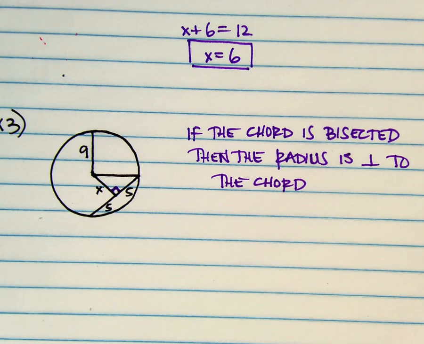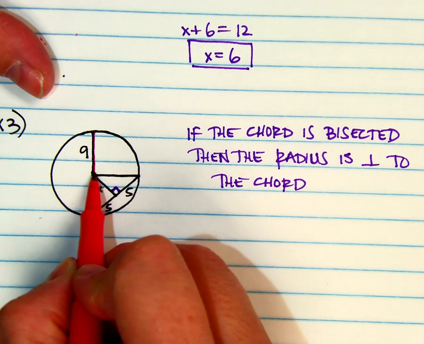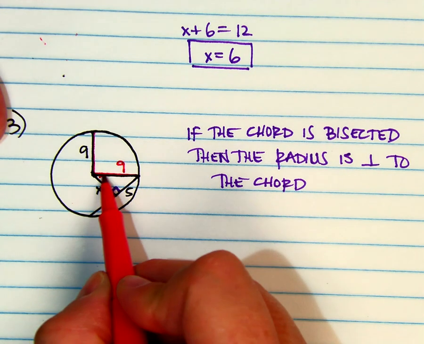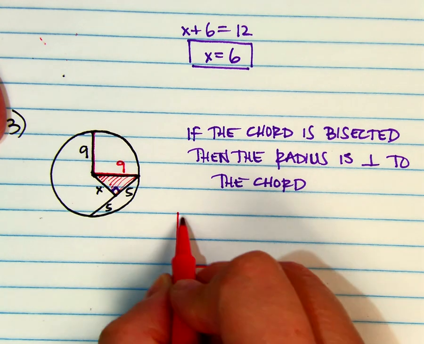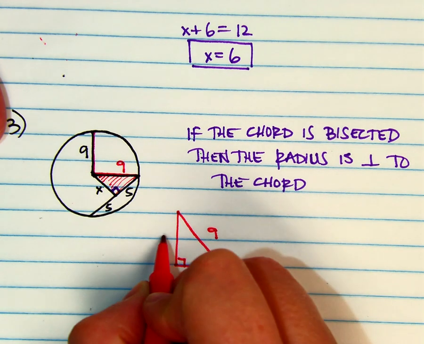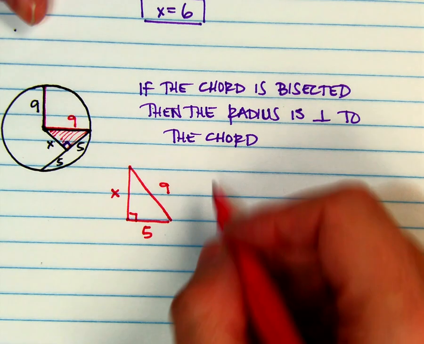Look at my drawing a little bit closer, and this is a radius. Well, so is this. So I'm going to take out this triangle, so we're going to focus on that triangle. So that is 9, that is 5, and there's my x. So it comes back to the good old Pythagorean theorem.